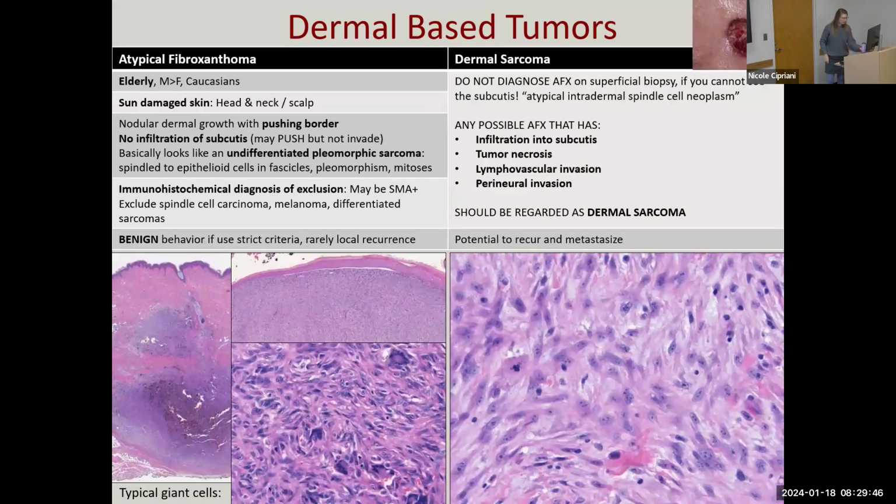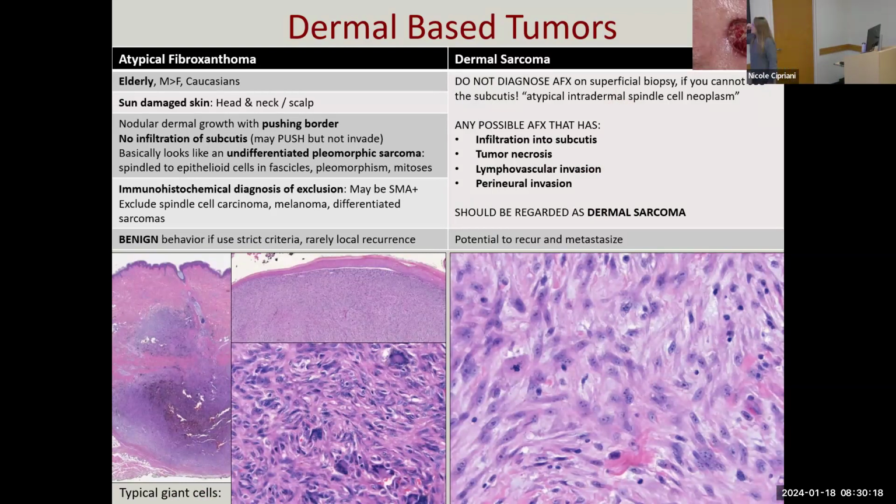All right, moving into the kind of uglier things. I want to spend a minute talking about atypical fibroxanthoma versus high-grade dermal sarcoma. You will often see this differential present as a shaved biopsy in an older person, often on their head, neck, scalp, or some other sun-exposed site.